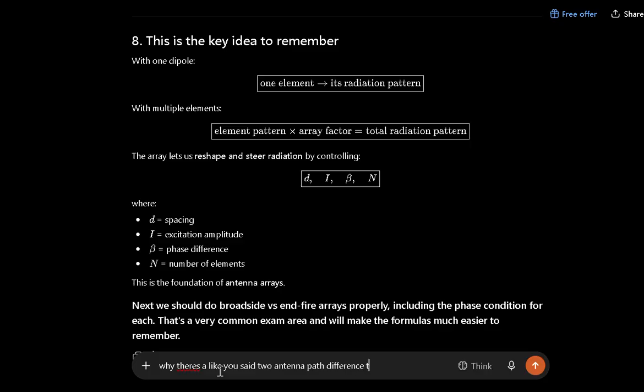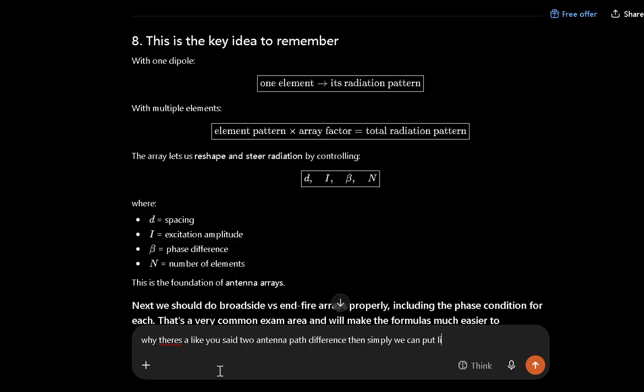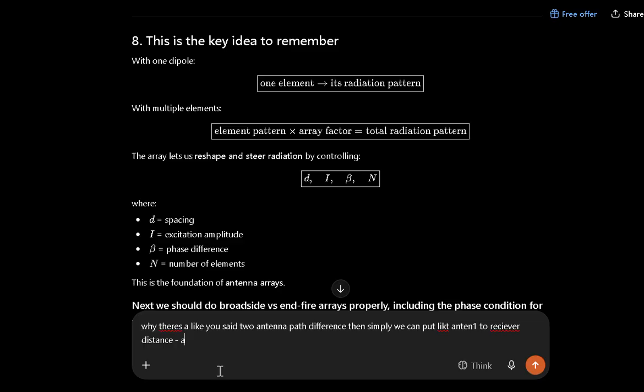Then simply we can put: antenna 1 to receiver distance minus antenna 2 to receiver distance equals the path difference.